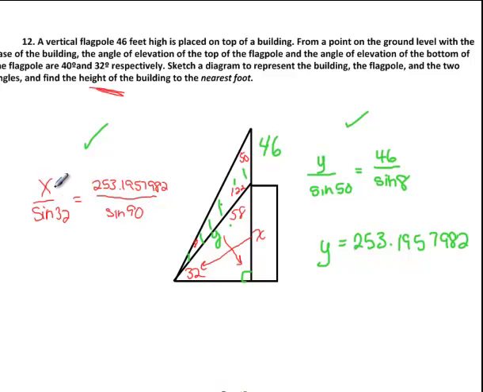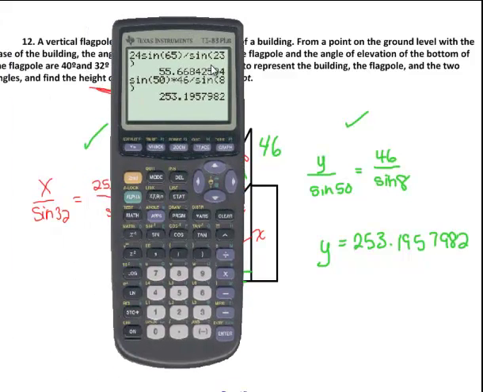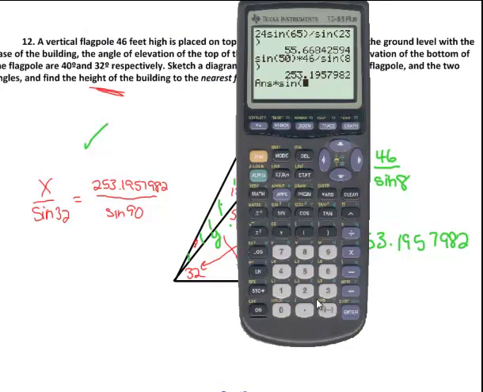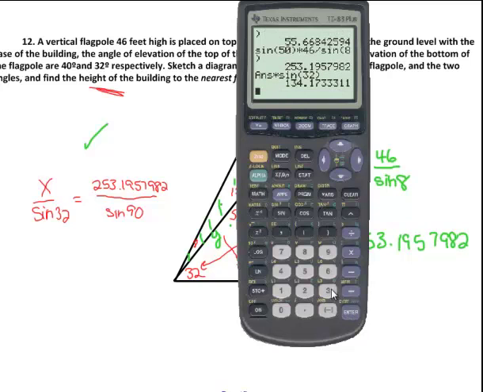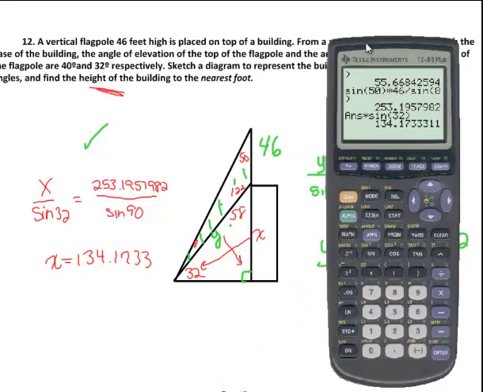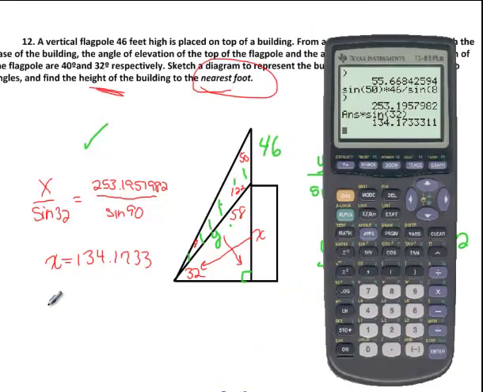Well, we know the sine of 90 is 1, so all I have to do is multiply this times the sine of 32, and I just figured out the building to be 134.17. And where do they want me to round? To the nearest foot. So that building is 134 feet.